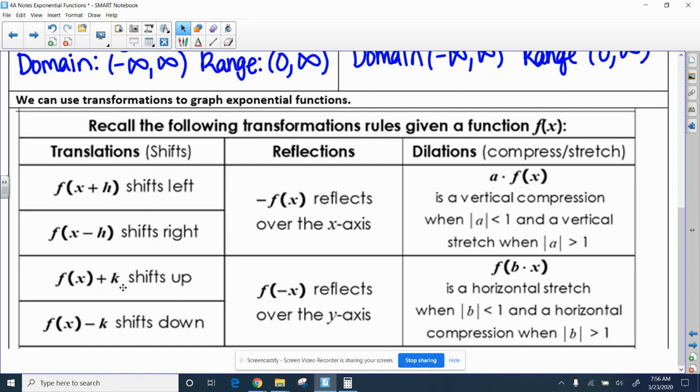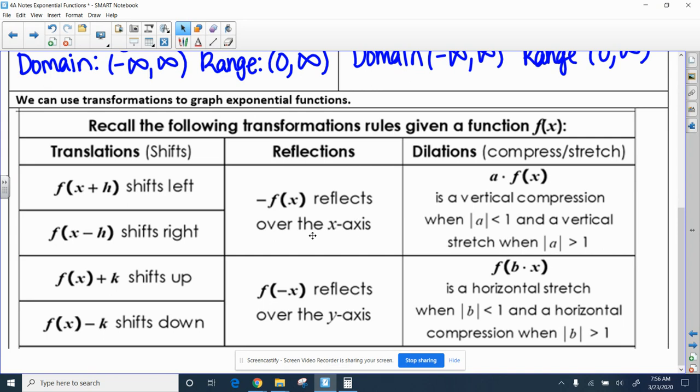If something is not with the x, it's affecting the output or the y. So f of x plus k, where k is a number, shifts up, and f of x minus k shifts down. We used c when we looked at these before, but this is just a number, h or k.